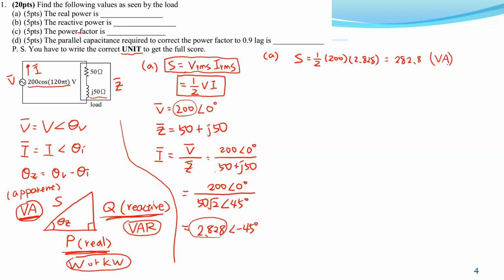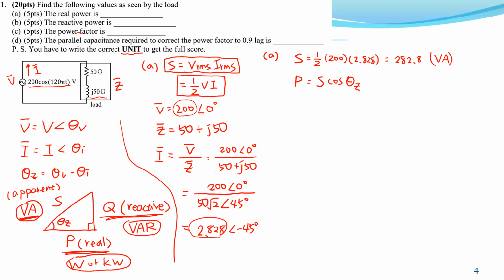This is the apparent power. And so the real power P is, from the power triangle, S times cosine theta z. And theta z is, wait, this is 45.